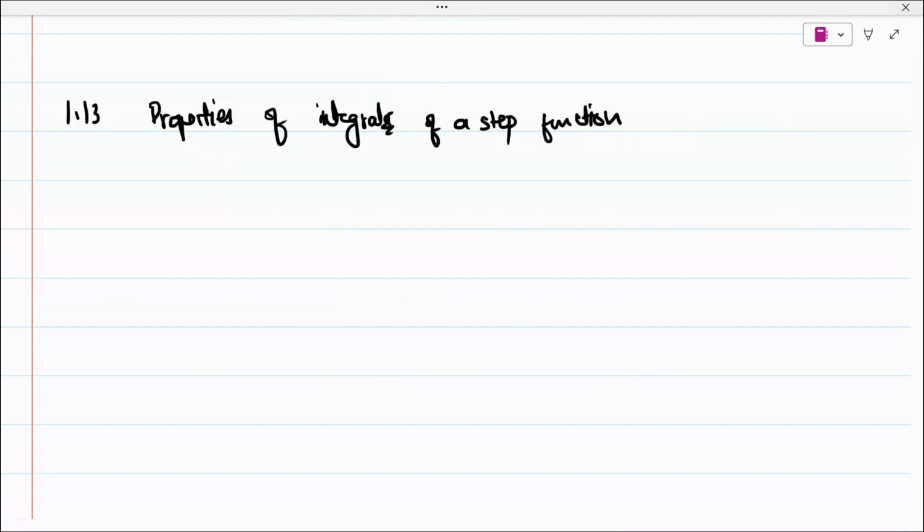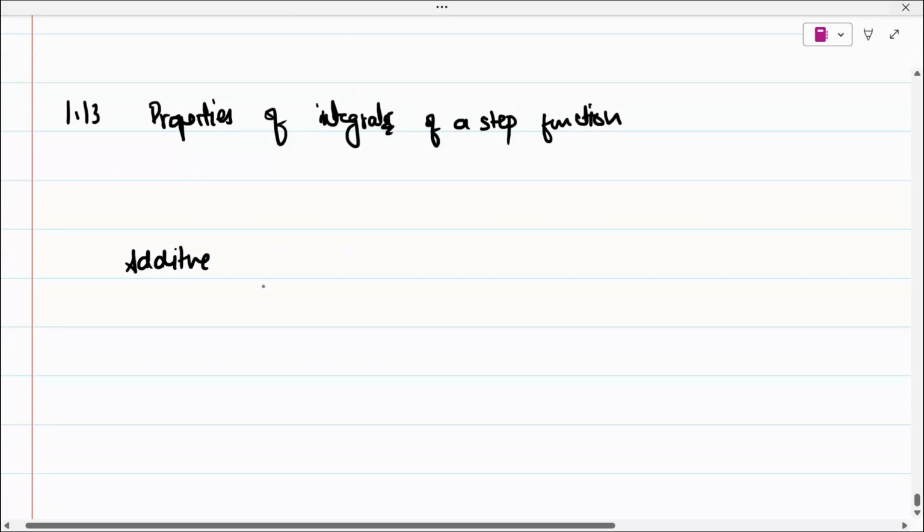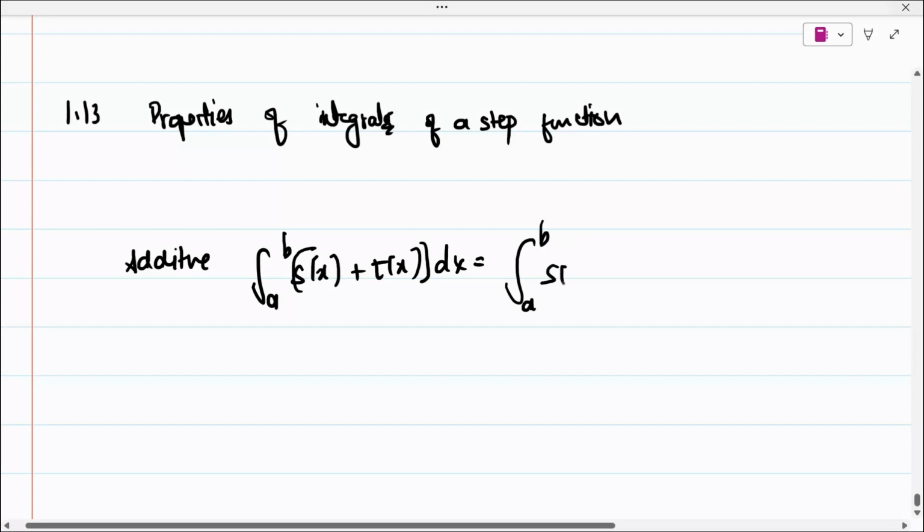So then we have a few theorems. We'll prove them in the exercises also, I think. So maybe the integral of f of x plus t of x dx. It was all high school basically. This is the additive property.